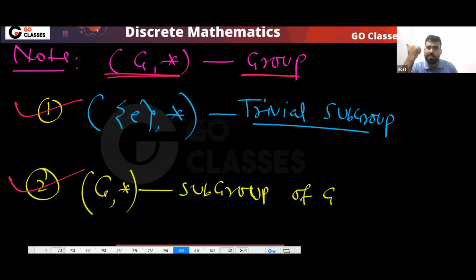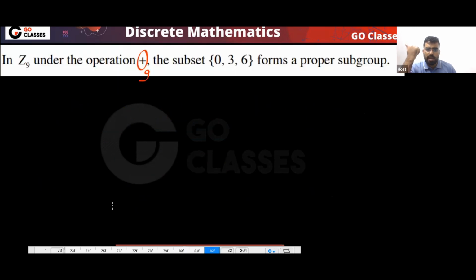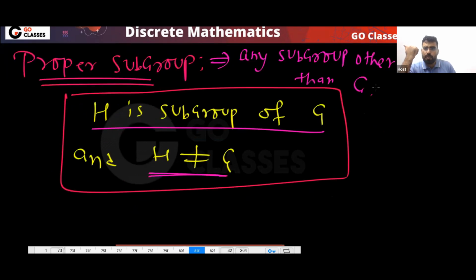And a proper subgroup means any subgroup other than G. So this is a proper subgroup, and this is also a proper subgroup.